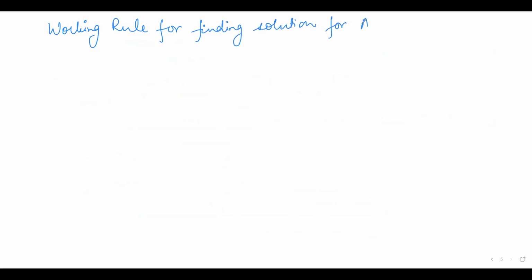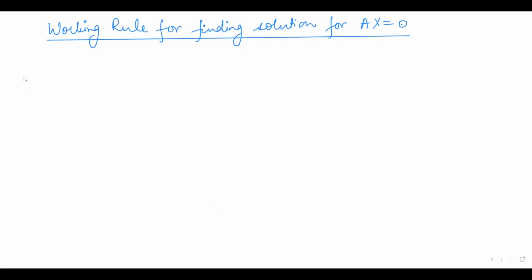So let me just write it down. Working rule for finding the solution for Ax = 0. So this is our homogeneous system of equations. In this case also, we'll be talking about the augmented matrix, and again, you will be calculating the ranks only.